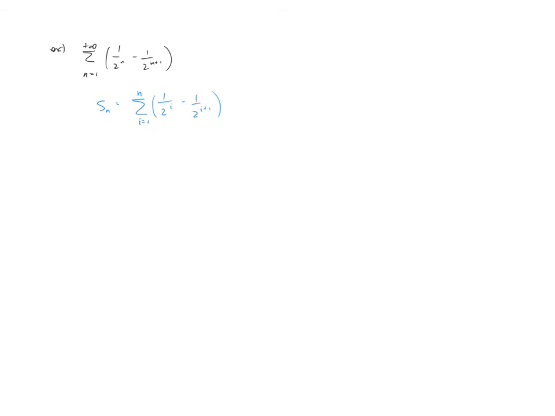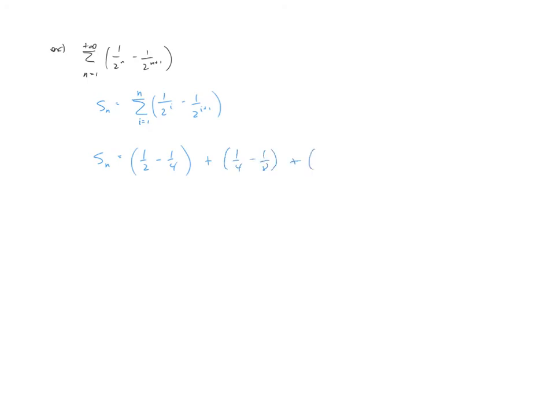Now I'm going to take a little bit of time and write out a few of these terms. If we start with i equals 1, that's going to give us 1/2 minus 1/4. Okay, so that was our first iteration. Then plus, if i equals 2, that's going to give us 1/4 minus 1/8.